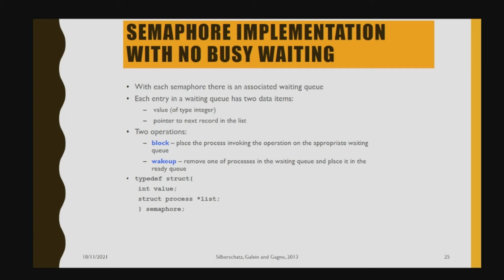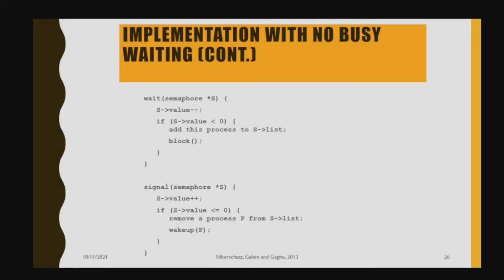So these are the codes: a type definition, a structure with an integer value and a structure process list, so we have the list here, and then we have the semaphore, which is the variable. For wait on the semaphore, we decrement the value.